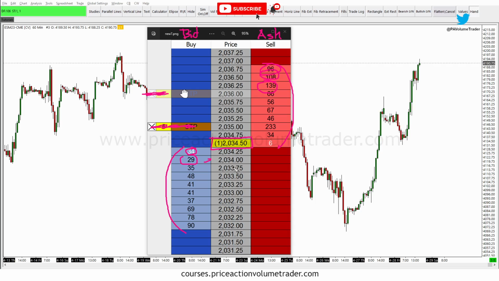Okay, but the way it works basically, if you're an aggressive trader and you want to get short, and we're right here at this price level, then you're going to have to hit the bid, meaning you're going to have to pay down one tick below in order to get filled right here so you can get short immediately. Same thing here.